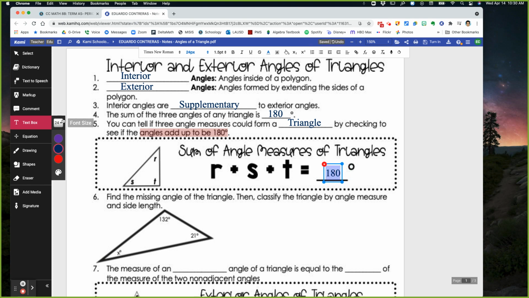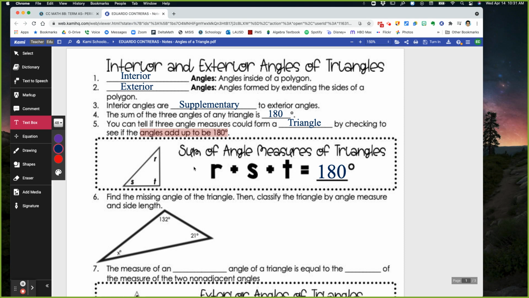I'm going to change the size. What's the biggest I can go? Ooh, that's big. That looks good there. There we go. 180 degrees. The sum of the three angles of a triangle always add up to 180. That's one of the cornerstone ideas in math, especially for triangles. Okay? All right.